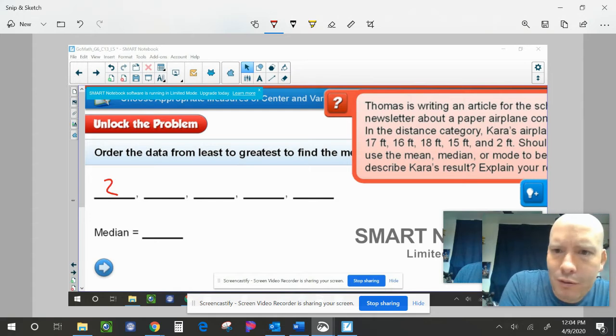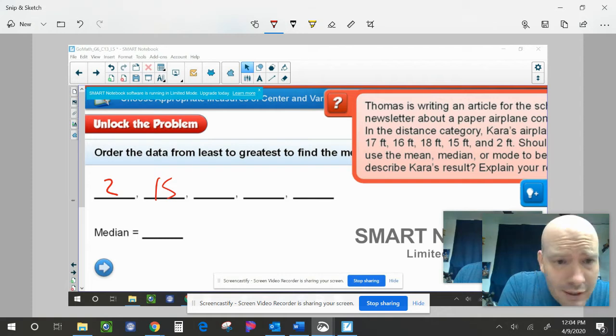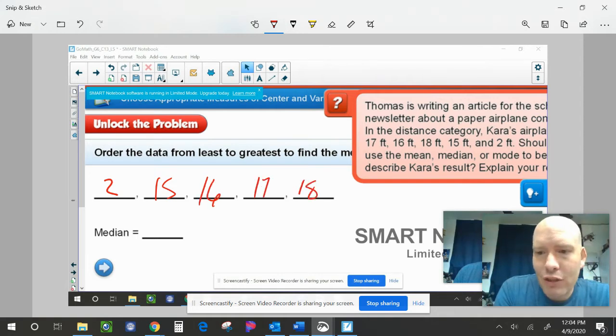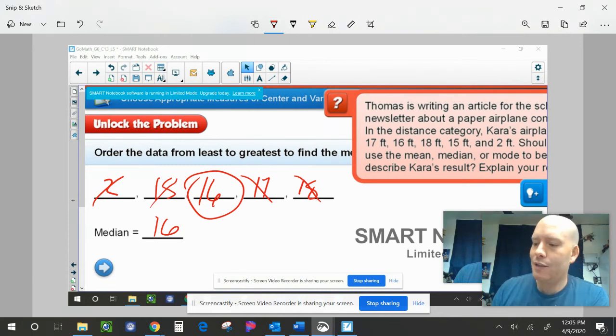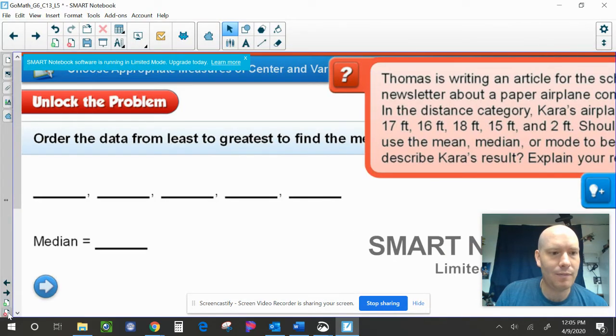And then next 15, 16, 17, 18. And remember, I just cross one out from each side until I have a middle number, a median. So my median is 16. Okay, so my mean was 13.6 and my median was 16.